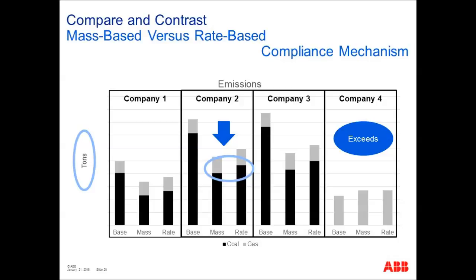Company 2 is designed to be like a typical Southern company, Georgia Power type company, lots of coal, lots of nuclear. Company 3 is more of what I would call a mid-Atlantic utility, nuclear in the mix, but a different mix of components. And then Company 4 is all natural gas and renewables. So the emissions and mass base were just based on a 30% reduction over their base operations.